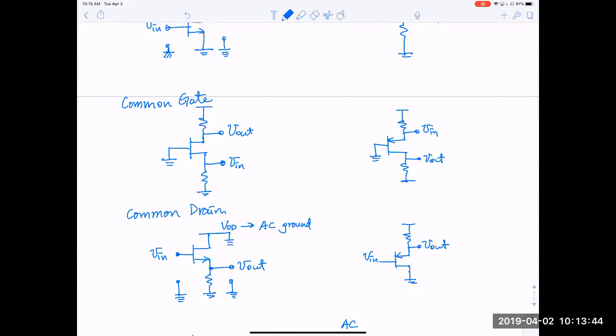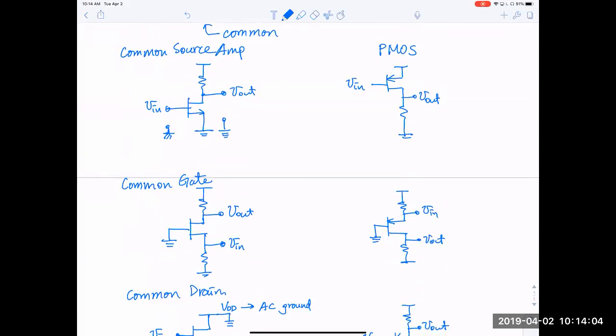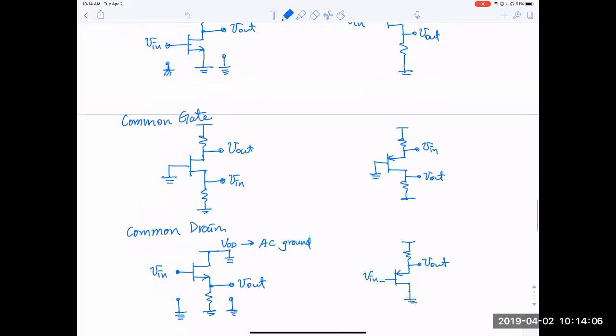There are 6 combinations, and we're only using 3. The other 3 are not as useful. You can look at what the other 3 are, and you can say they are actually not as usable.